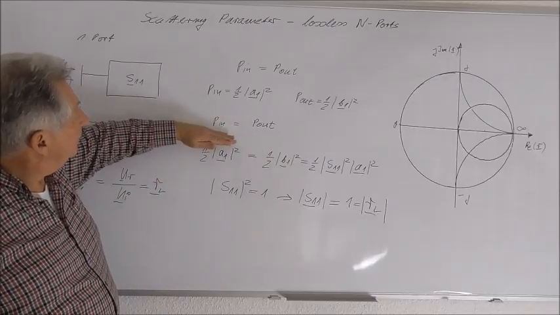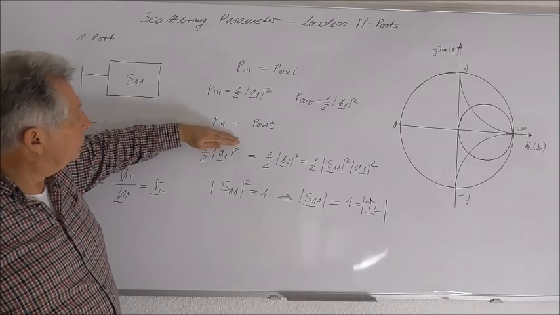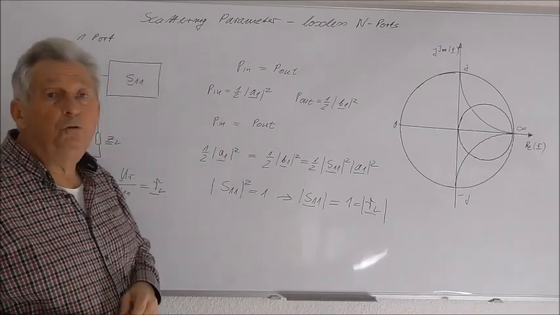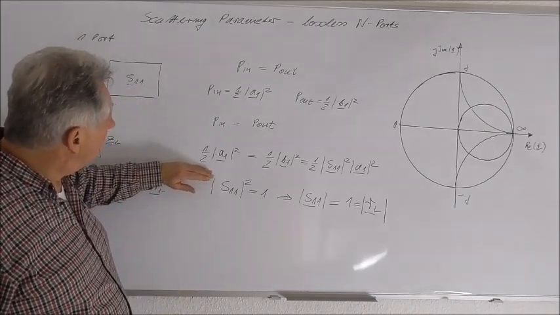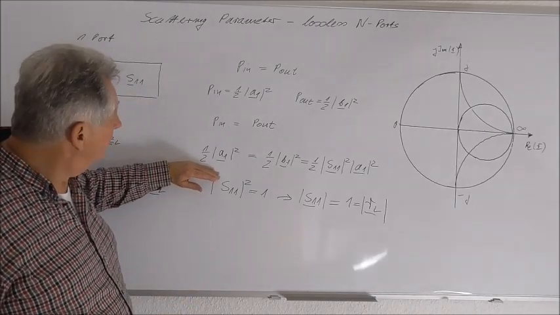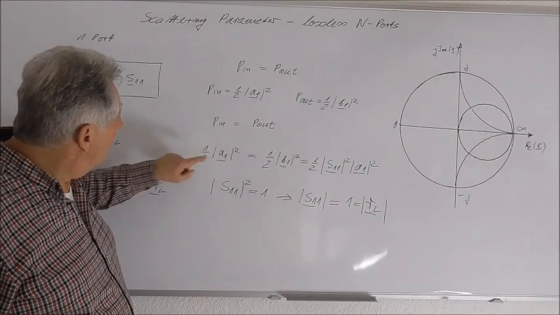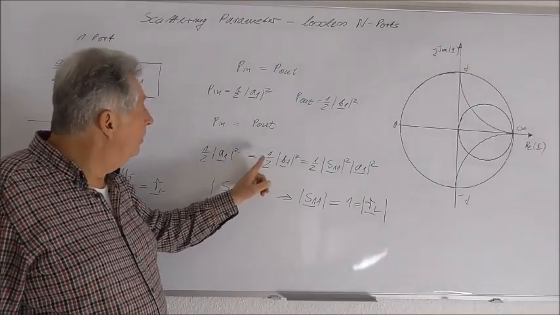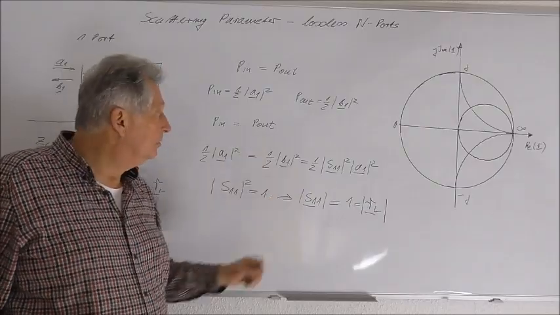And in this case we can start with the equation that the input power, the power which enters into the one port, will be equal to the output power. And from the definition of the s-parameter and the wave amplitudes, we see that under this circumstance, the half of the absolute value square of A1 will be equal to the half of the absolute value square of B1.